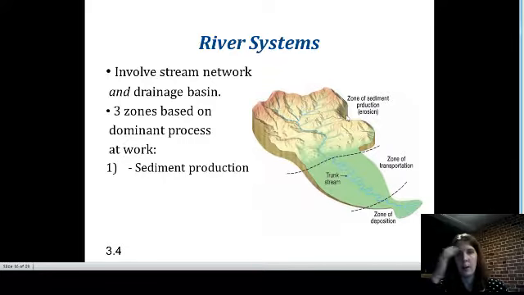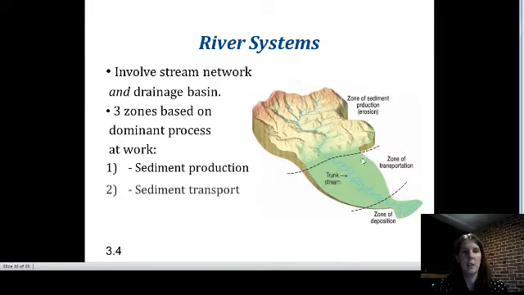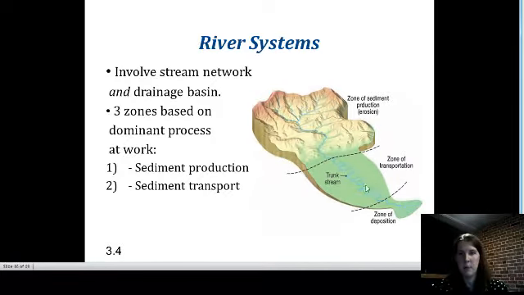These are your steep regions, your very mountainous high slope angles. Your zone of transportation, which is an area of moderate slope, very wide flat plains. And then your area of sediment deposition. This is a very low-lying, very flat area, typically along the coastline or along the edge of a large water body.